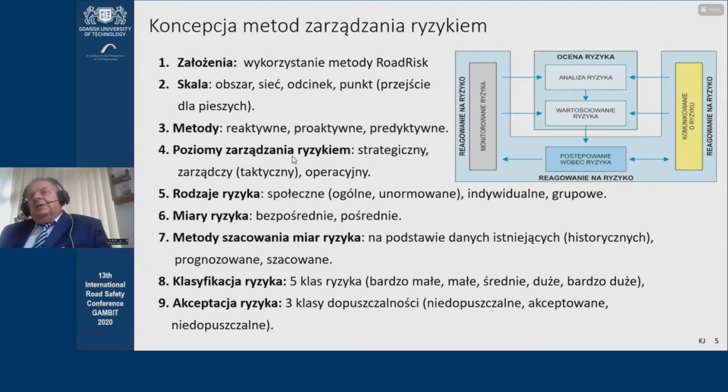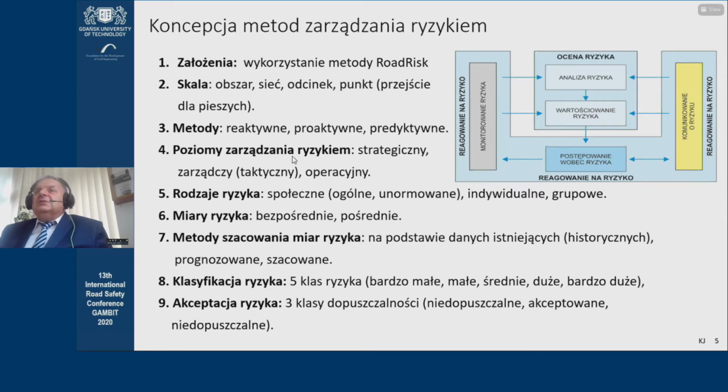This is more for the operations, not so much as regards pedestrians, but reactive and proactive ones, yes, very much so. Risk management levels: strategic, and then tactical and operational. Types of risk: societal, general, normalized, individual, group risk.